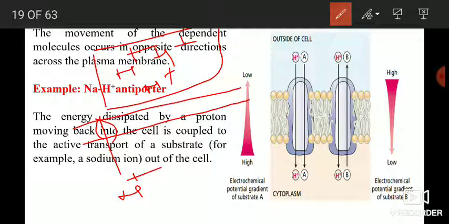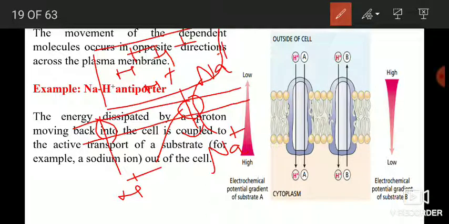So you have here an electrochemical potential gradient, or simply a pH gradient. When these H positive ions move back from the outer side of the cell to the inner side of the cell through this antiport protein, the sodium ions move from the inner side of the cell to the outer side of the cell.